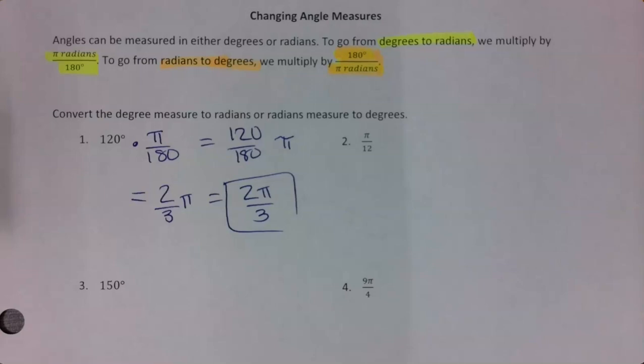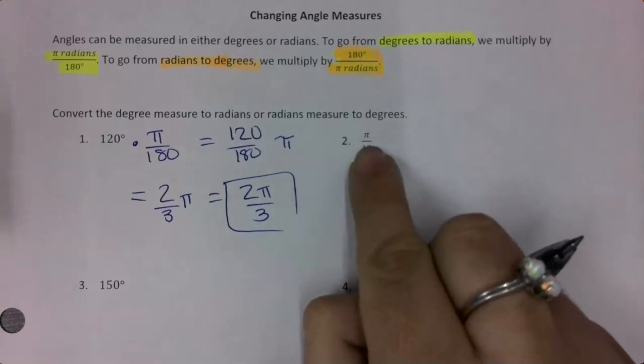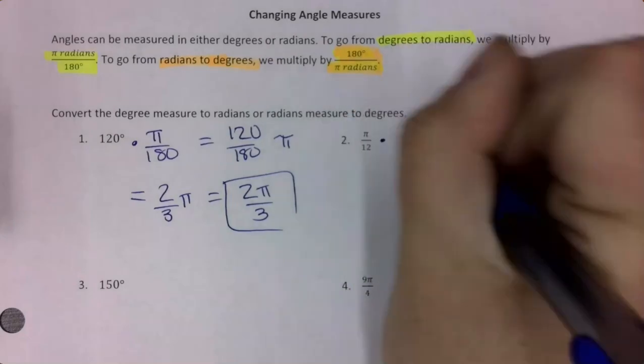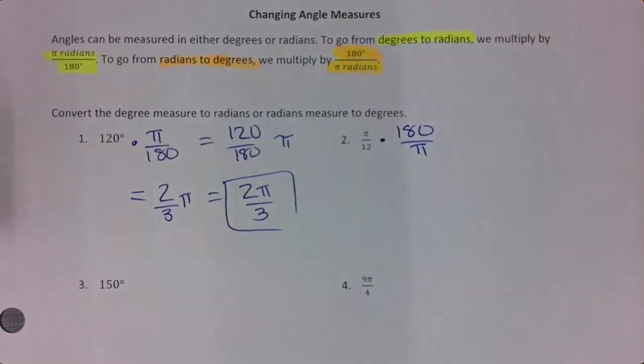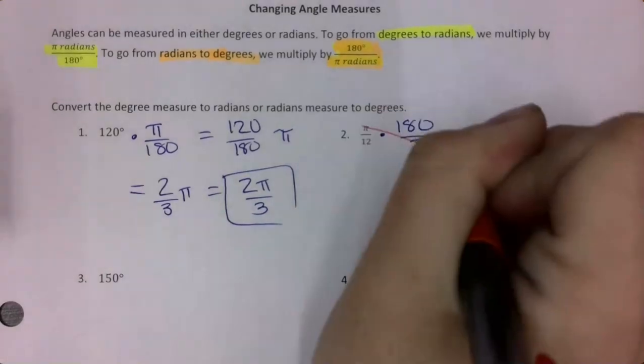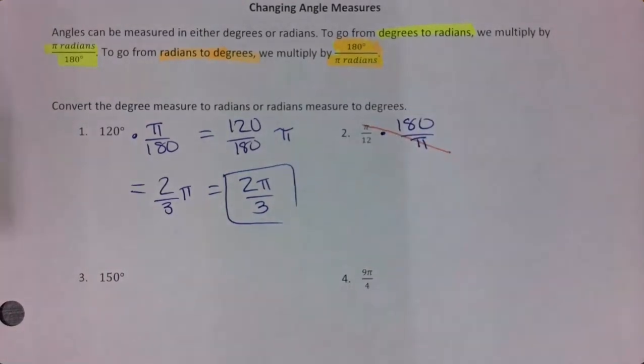The second one is starting off in radians. I can tell because it has a pi. So I want to multiply by the one that has the pi on the bottom. Since I have a pi on the top and bottom, those are going to cancel out.